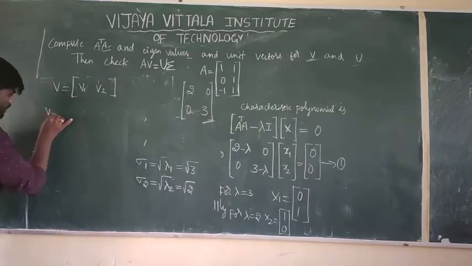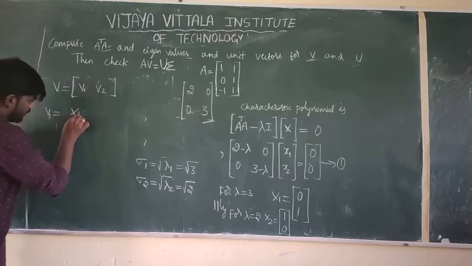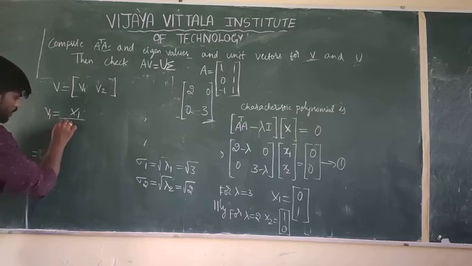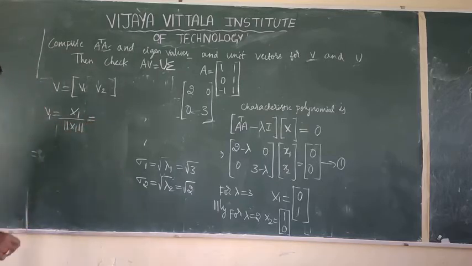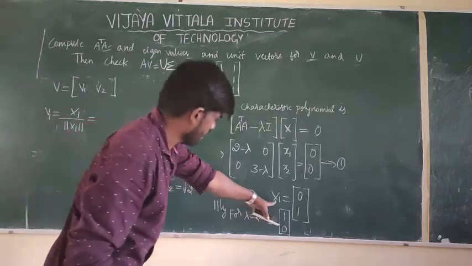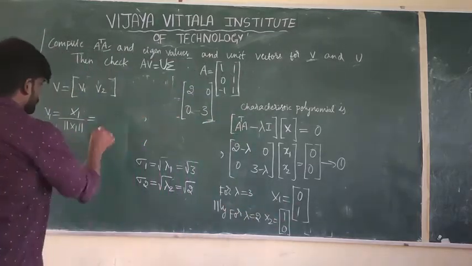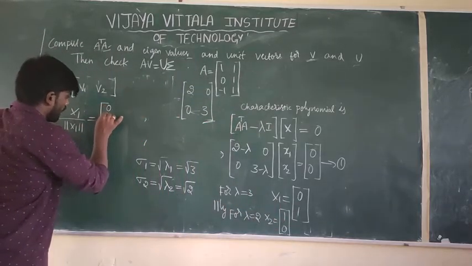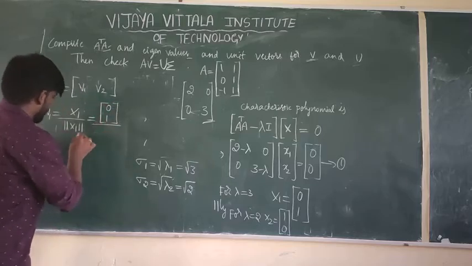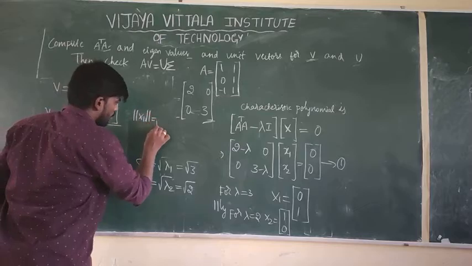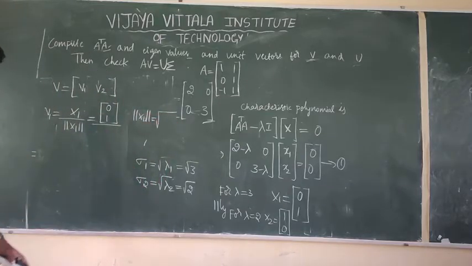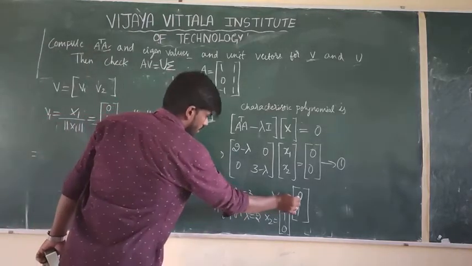v1 is the eigenvector x1 divided by the norm of x1. x1 is the eigenvector 0, 1, and norm x1 is the square root of the sum of squares of each element.